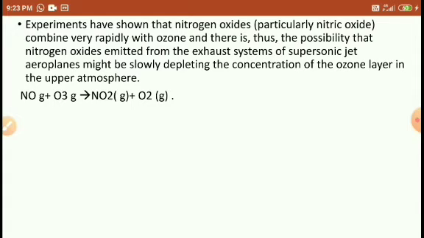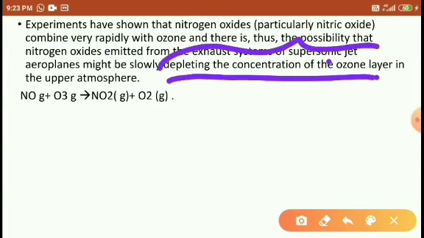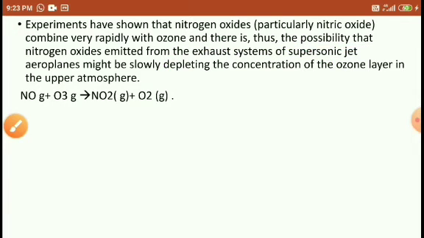So this is one experiment, and it is also a quantitative experiment. Aeroplanes, jets and rockets emit exhaust. Through the exhaust, how much ozone is depleted, we have to calculate by the same methods.